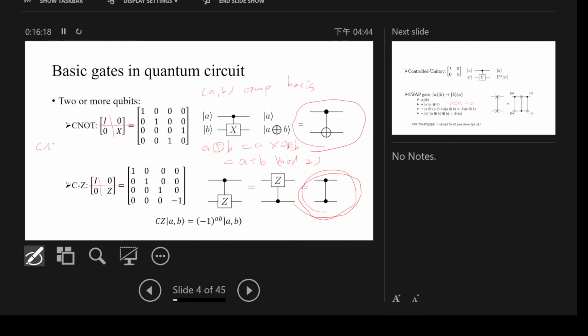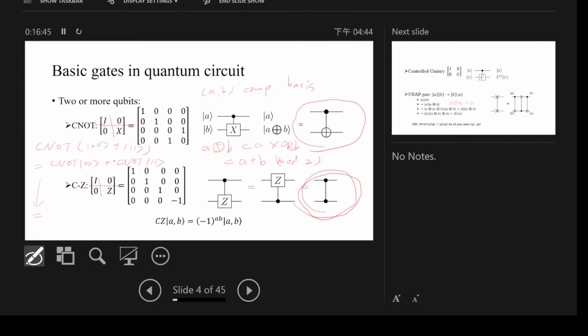So you have a CNOT applied to 0 0 plus 1 1. We do this by linearity, so this will equal CNOT 0 0 plus CNOT 1 1, because CNOT is actually a matrix.